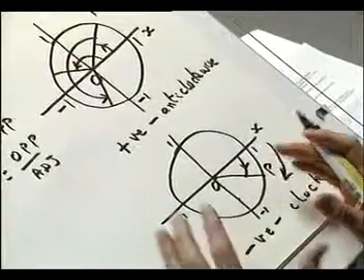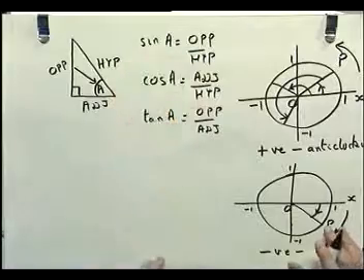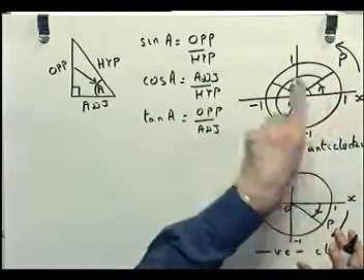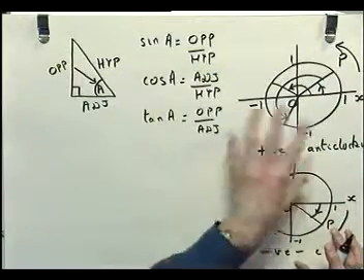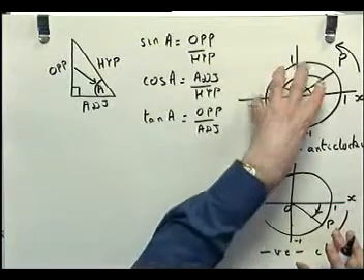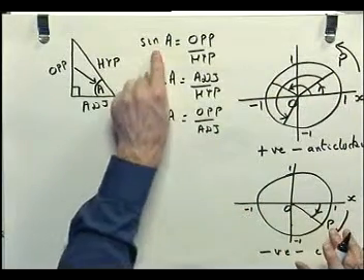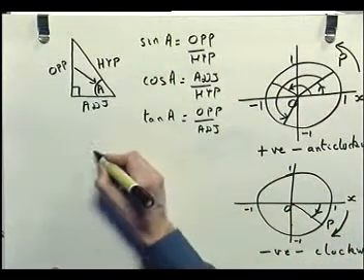The question is, can we put these two together? Can we bring together these definitions and these ideas about having angles which are greater than 90, both positive and negative? Well, let's take sine and have a look at that.